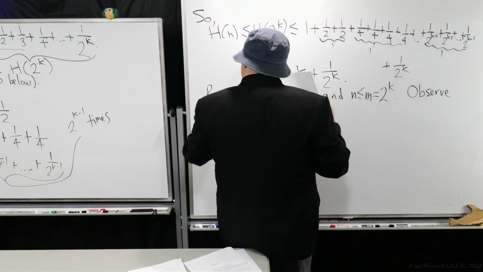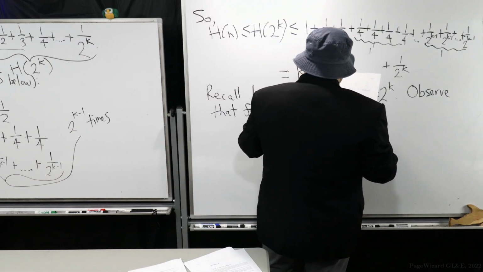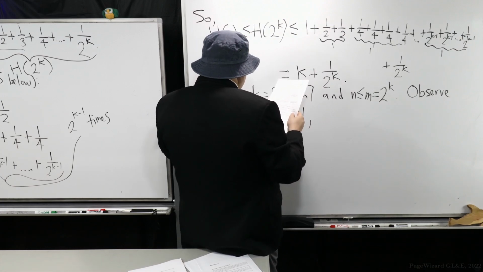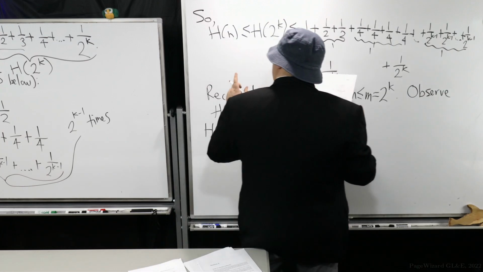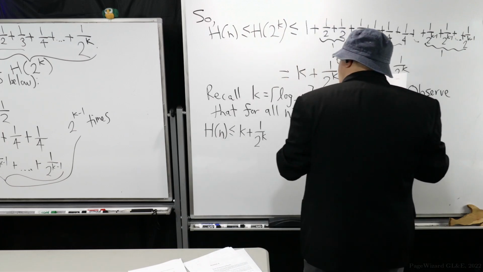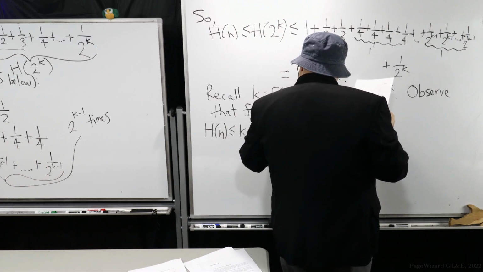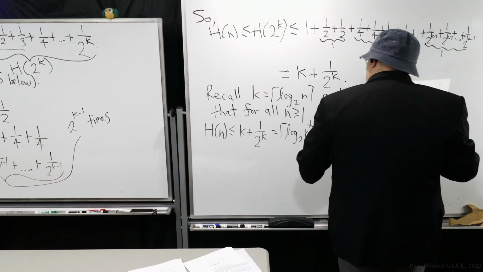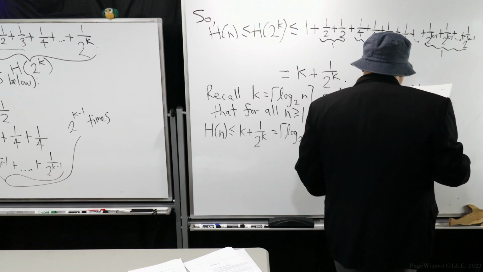Observe that for all n greater than or equal to 1, h of n is less than or equal to k plus 1 over 2 to the power of k, right? That's because we know this relationship between h of n and h of 2 to the power k. And then, well, what's k? K is the ceiling of log base 2 of n. Plus, well, 1 over 2 to the power of k, this is just 1 over m.